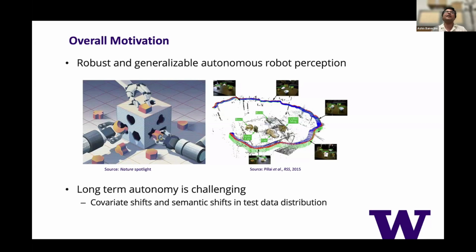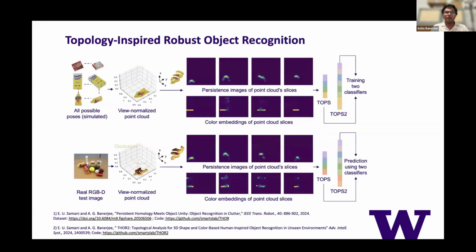It's gonna be very challenging for pure end-to-end visual learning methods to work exhaustively in these scenarios with the types of shifts that we expect at test time.